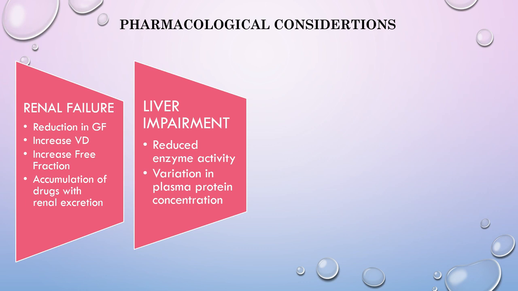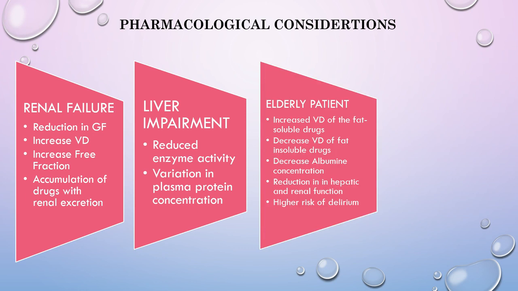It can lead to accumulation of some drugs due to reduced enzyme activity. So we need to take into account also that not all, but most of the intensive care unit patients in the neurological context are elderly. So we need to take into account the changes in the pharmacokinetics of these kinds of patients when we choose a drug.